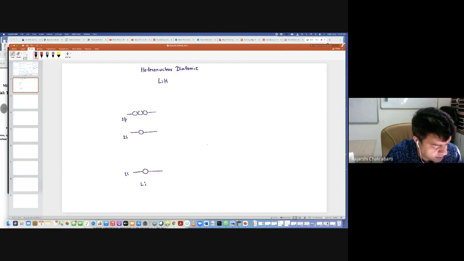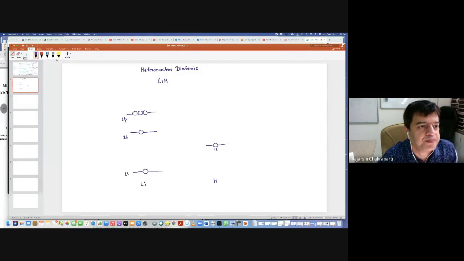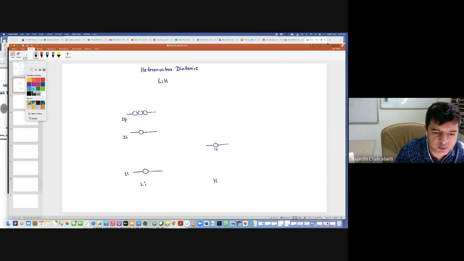It is somewhere here. This is hydrogen. It is so high in energy compared to the 1s of lithium that the 1s of lithium does not really take part in bonding.